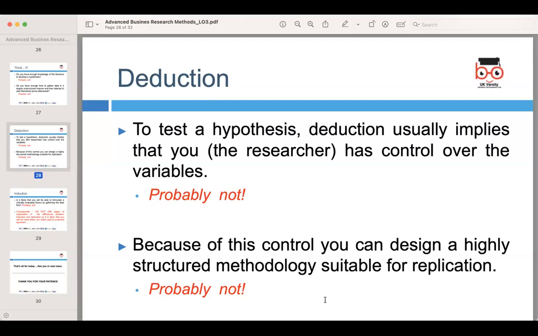The design of a highly structured methodology depends on various factors, including the nature of the research question, available resources, and the specific field of study. Deduction can certainly be incorporated into a structured research design, but it is not the sole determinant of such methodology.